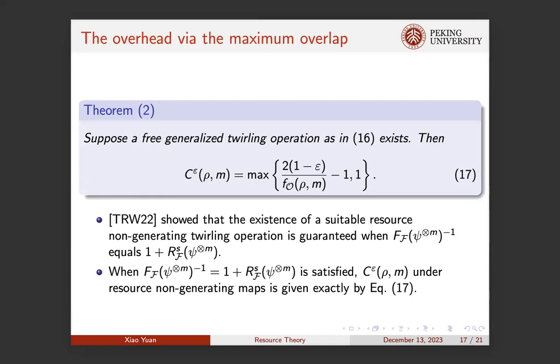So we can show that the cost will be, in a very explicit way, inversely proportional to the maximum overlap of the quantum state. And so the natural question is when the generalized Turing operation exists.